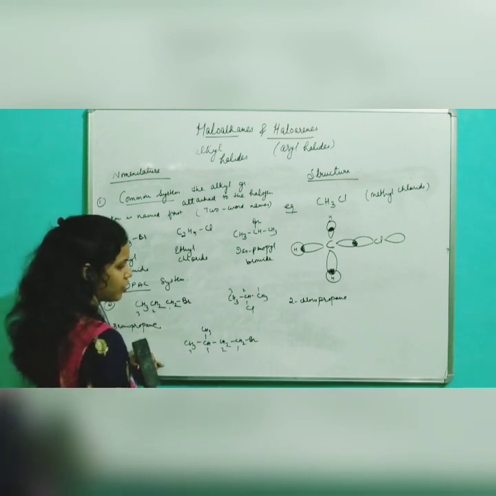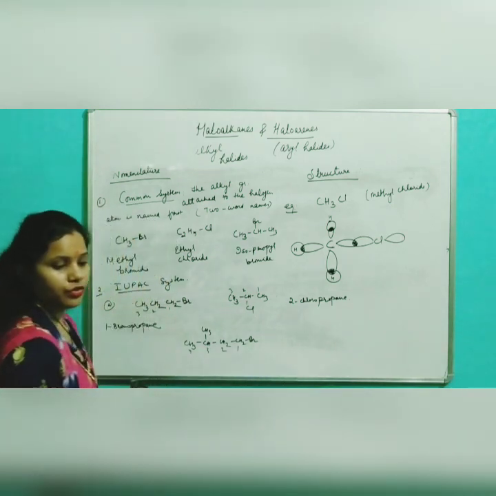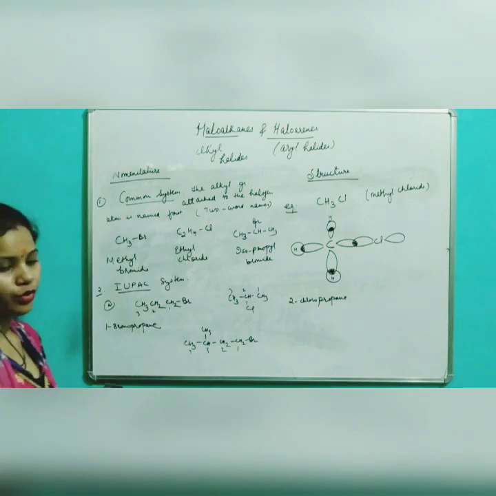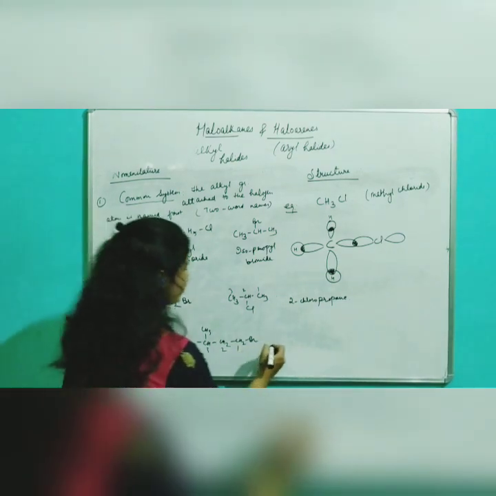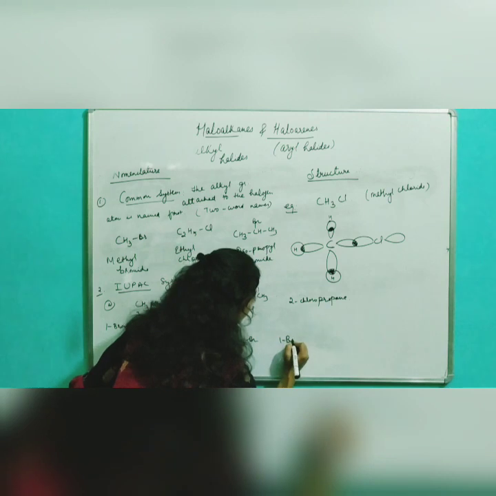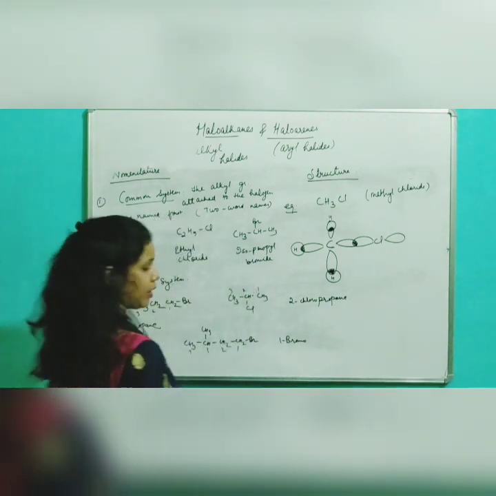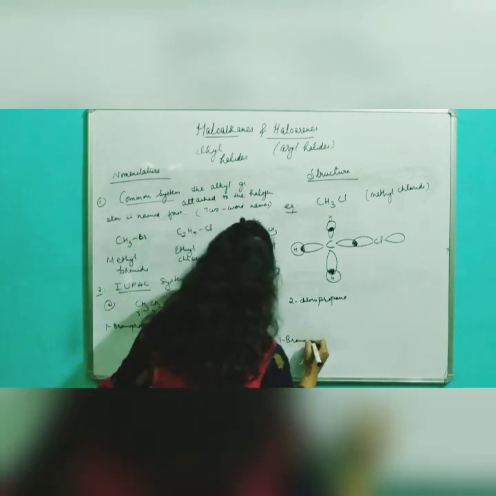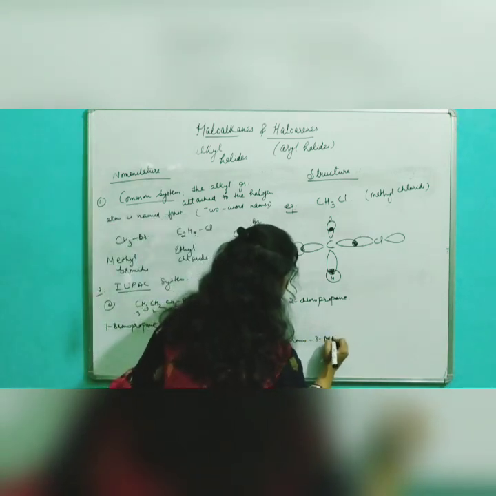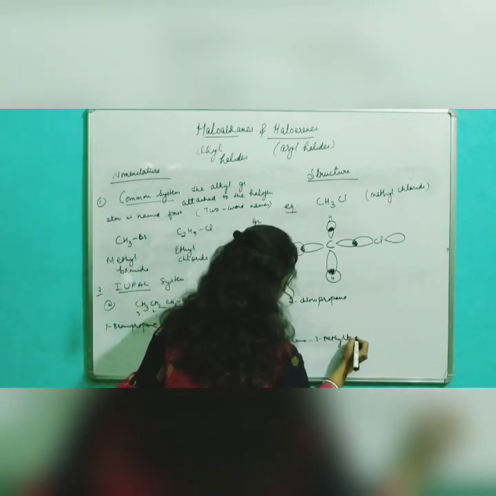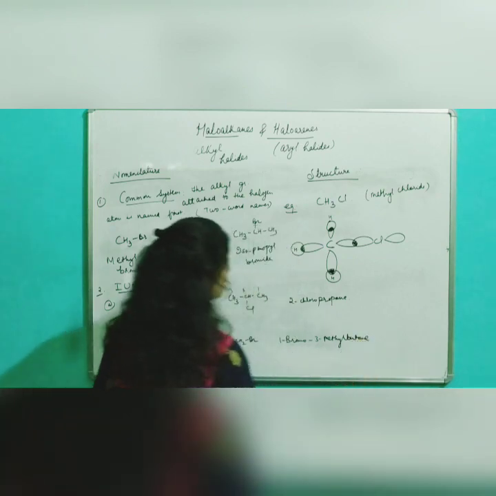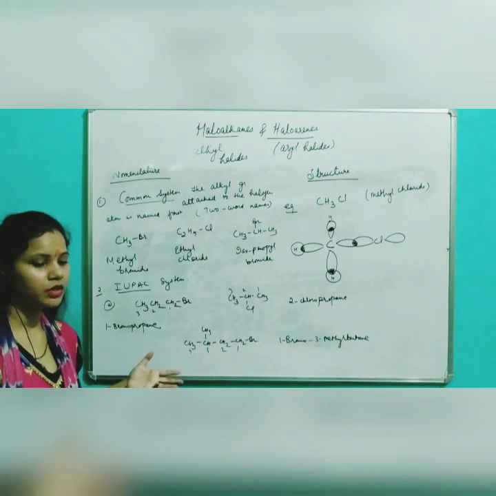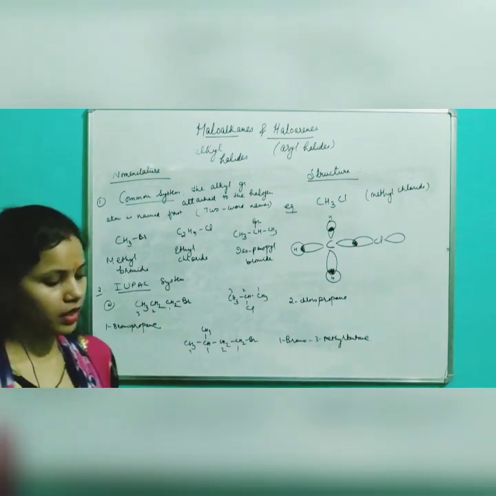So it is 1-bromo-3-methylbutane. First position is bromo, then 3-methyl, and because the longest chain is 4, it is butane. So this is how we name the alkyl halides.